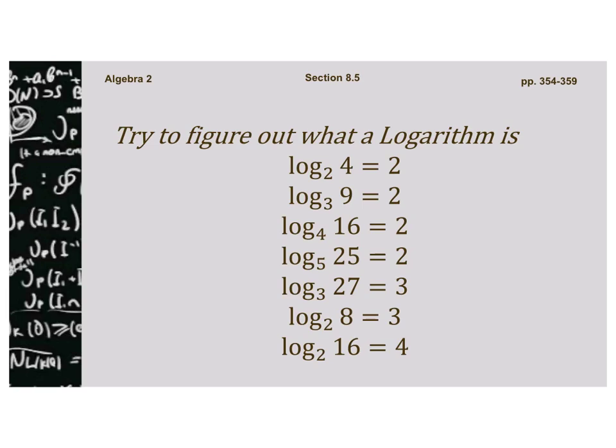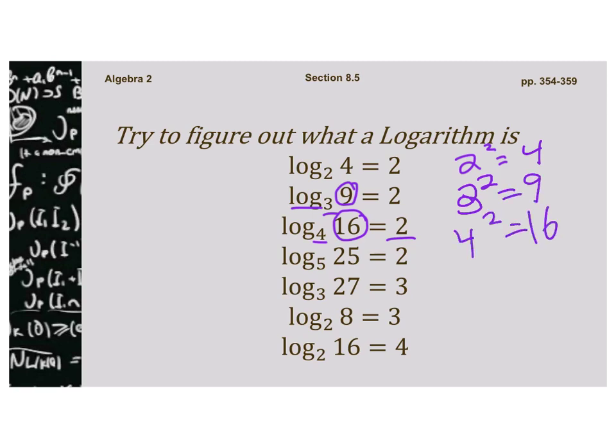If I tell you that log base 2 of 4 is equal to 2, log base 3 of 9 is equal to 2, log base 4 of 16 is also equal to 2, well, notice that 2 squared is equal to 4. 3 squared is equal to 9. 4 squared is equal to 16. So 5 squared is equal to 25.